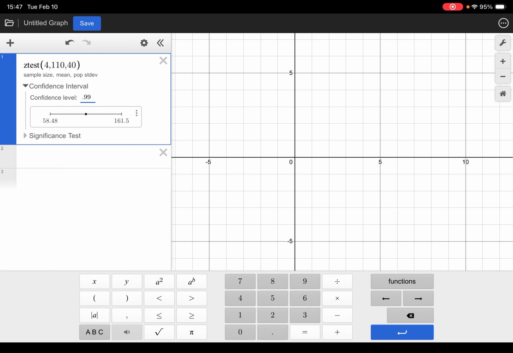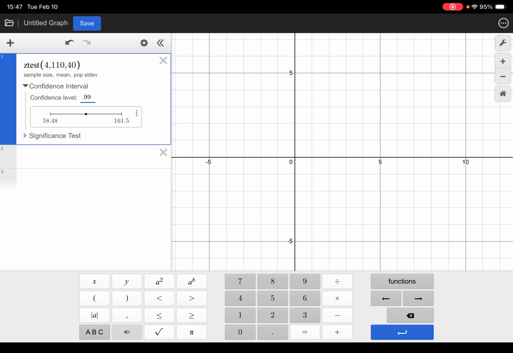And I say that we are 95% confident that the true average time adults spend exercising per week is between 267.4 minutes and 299 minutes.